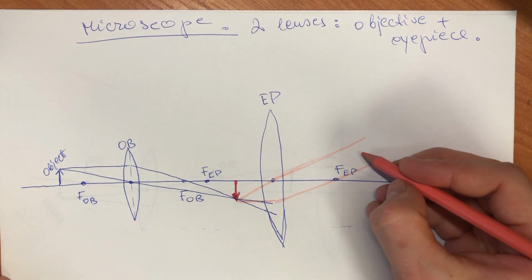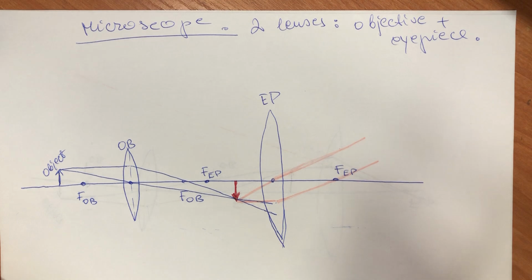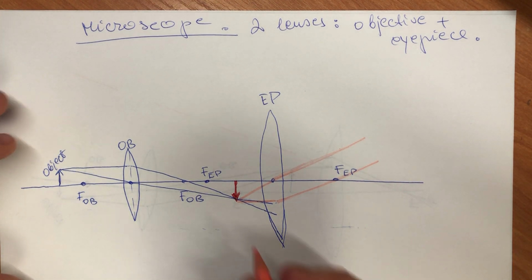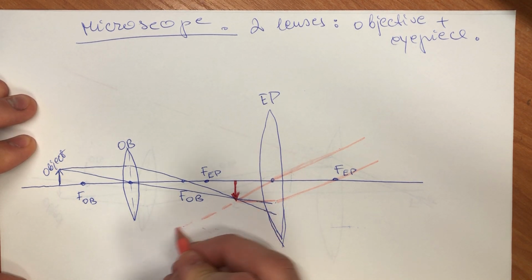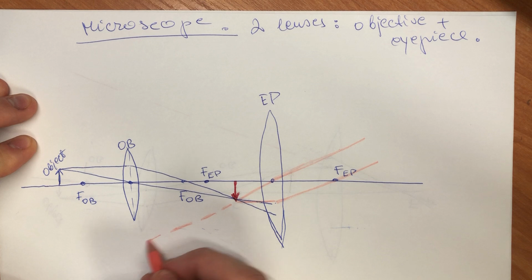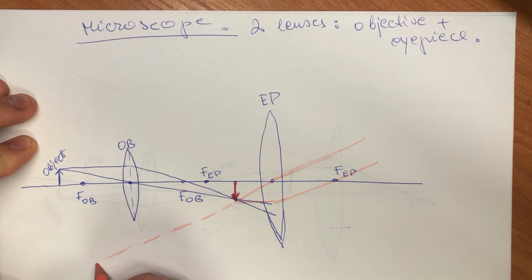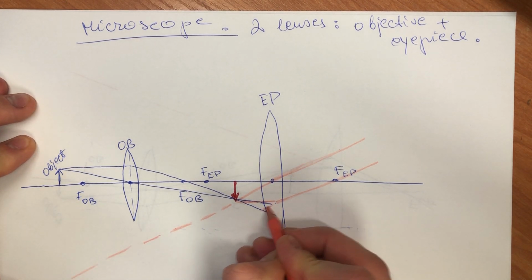So you can see that they do not converge on this side, but they would eventually converge on this side.